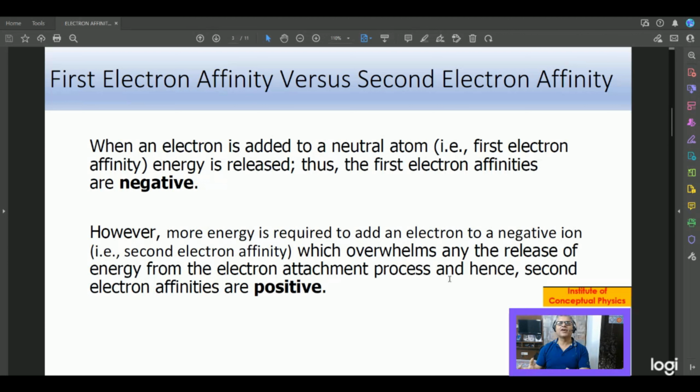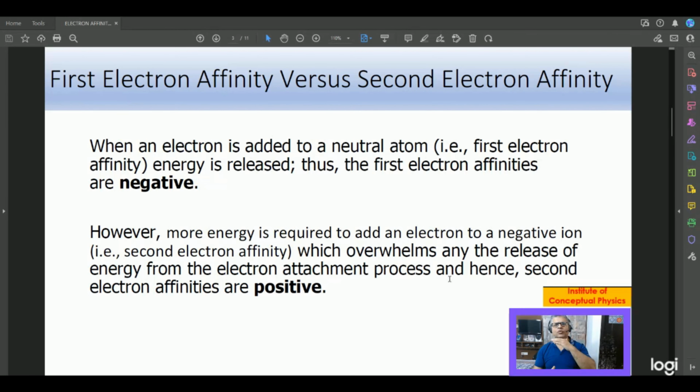If you give energy, you will have to do work. That work will get stored in the form of energy, and therefore the second phase, where you're adding the second electron, is endothermic. You have added energy because you have to apply a lot of force to add the second charge.